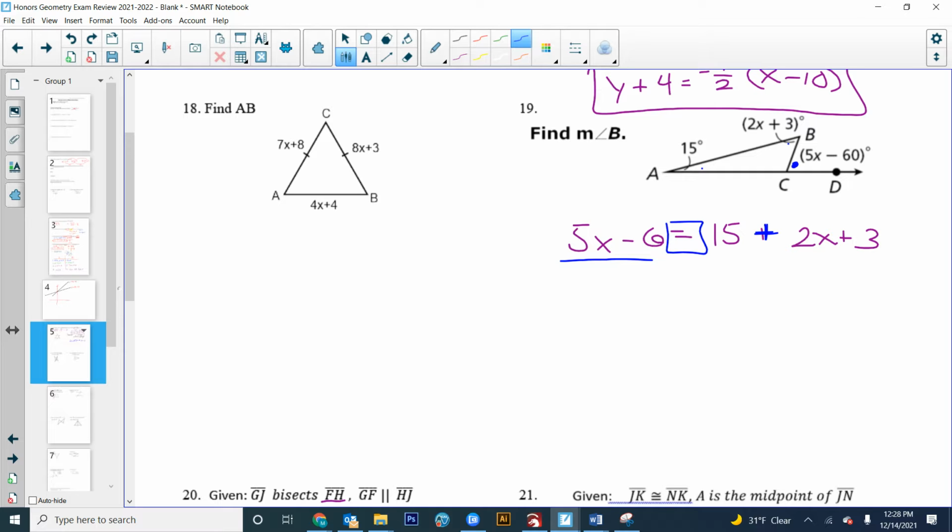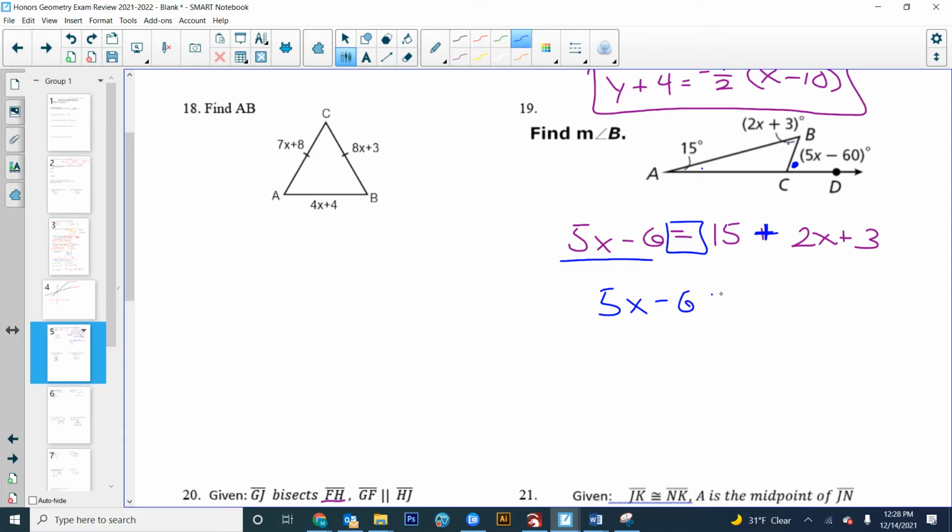They use the word non-adjacent. Do you see how this angle would be the adjacent one? These two would be the non-adjacent ones. That's fine. The exterior angle is equal to the sum of the two non-adjacent interior angles.